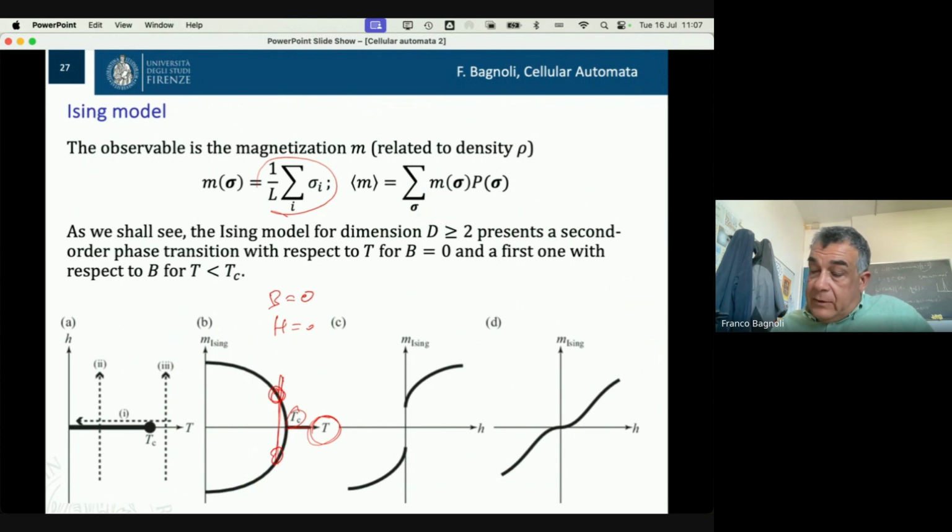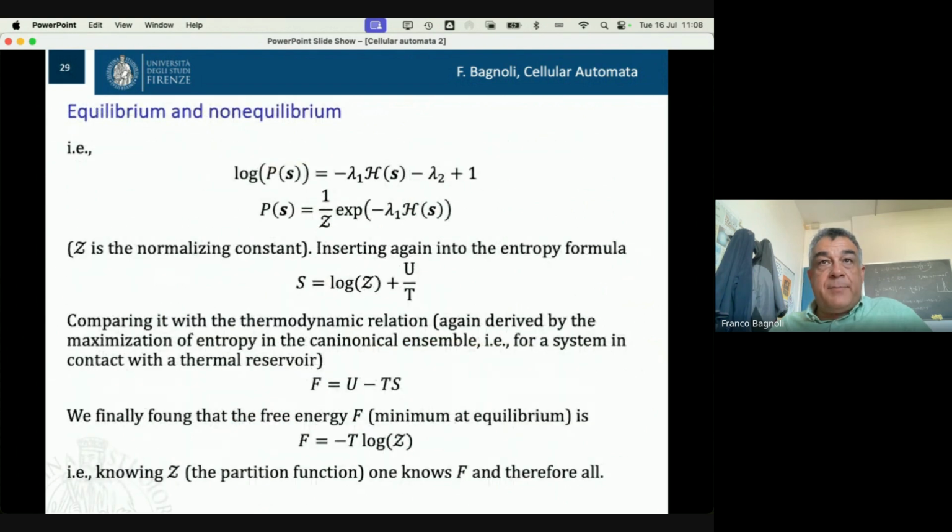And with respect to the external field, this is the H, or the B. At the critical temperature here, we have this kind of behavior, while here we have a first order phase transition. And okay, this is essentially the phenomenology we expect.